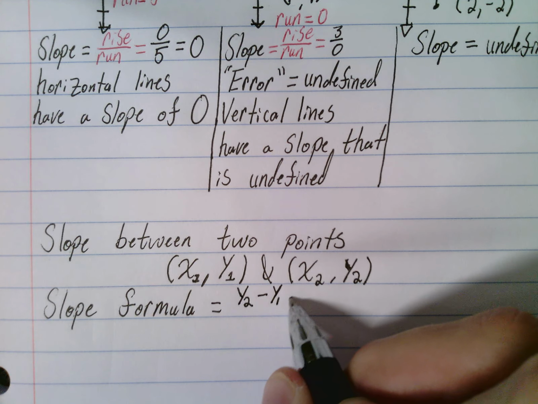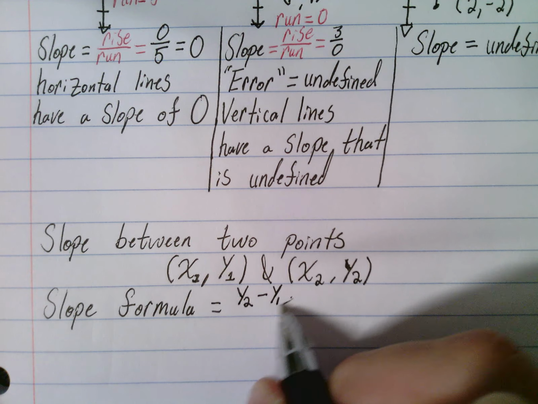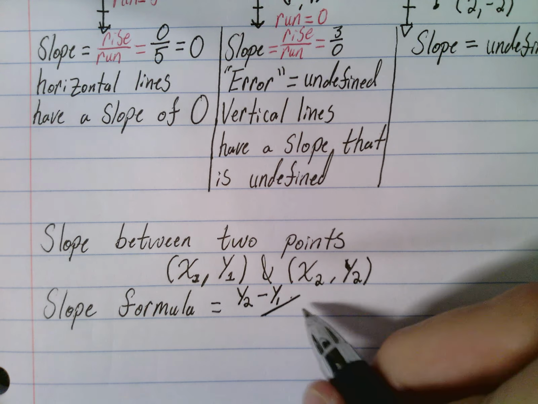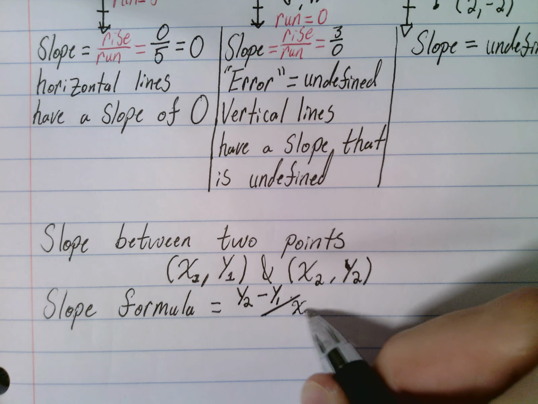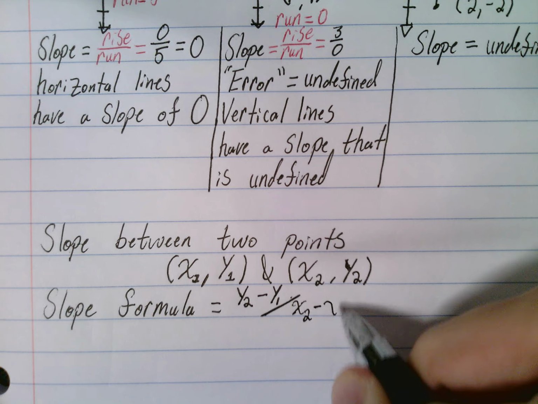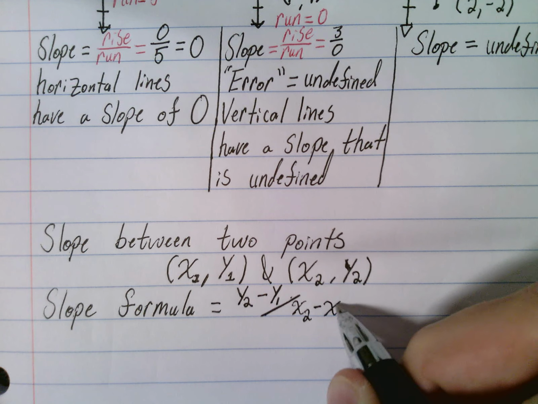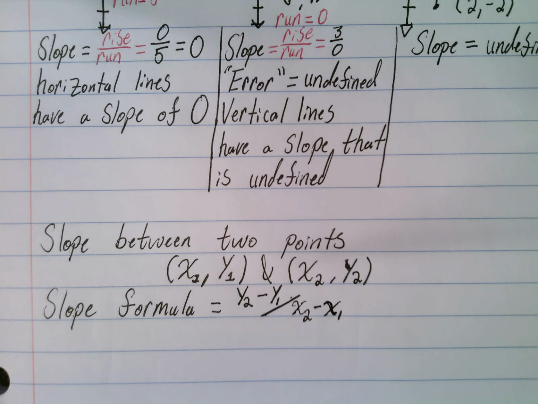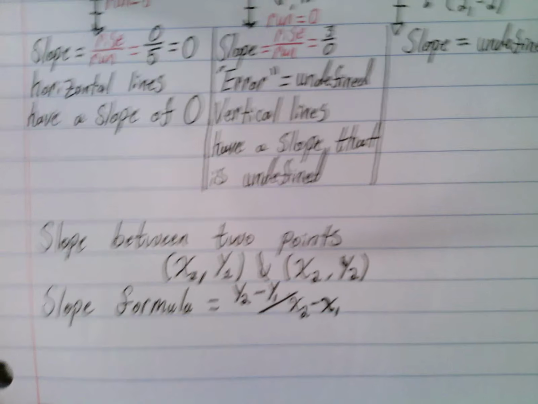That will be over the x2, good, minus x1. Okay, and that's all there is to the slope formula.